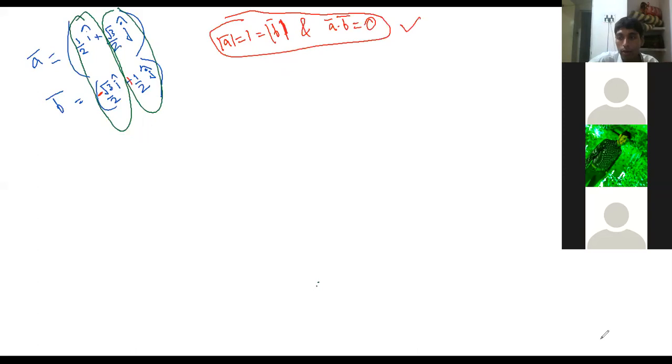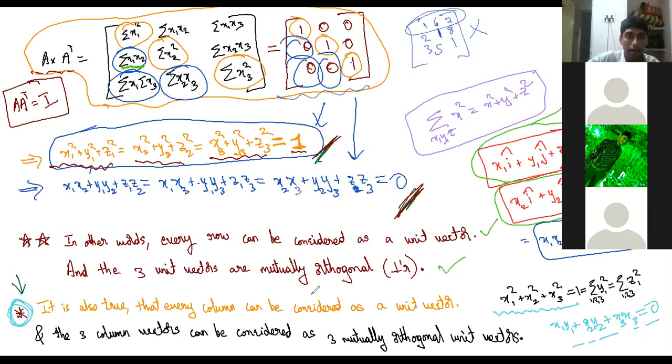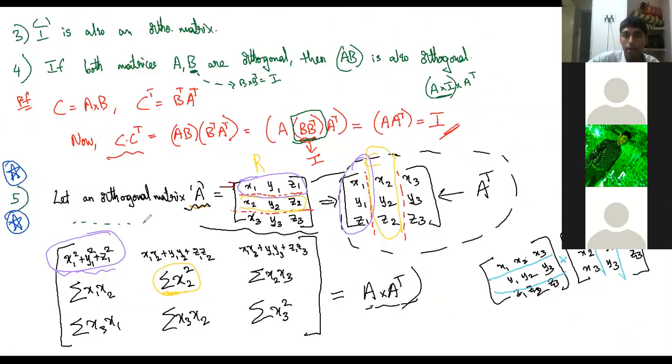See what I'm trying to do, I'm trying to prove this last point, that one time in a matrix we're going along this side and telling this side is a unit vector and doing dot product in this direction. But now we're going along this side and proving that this side will also be a unit vector and you can also do dot product in this direction. That is what we're trying to prove.